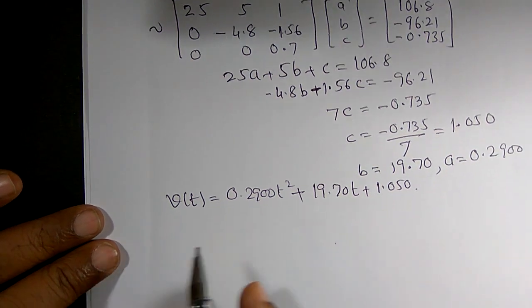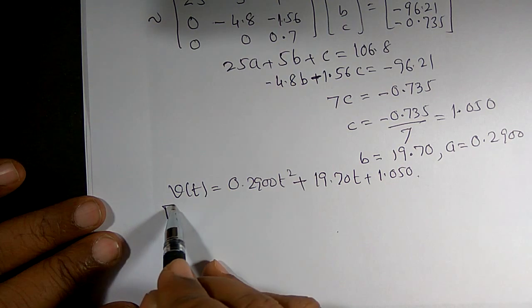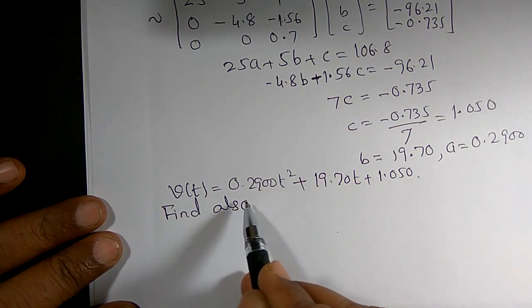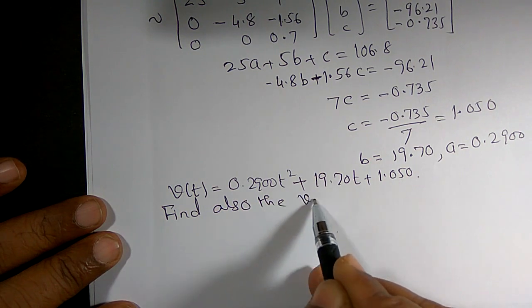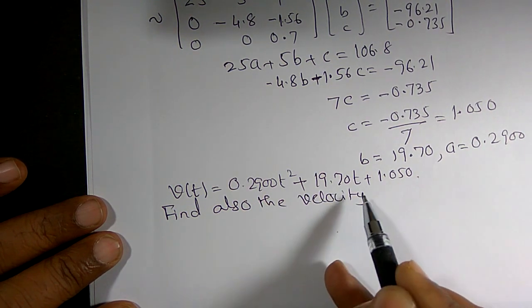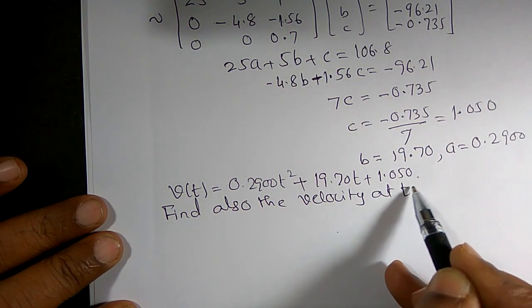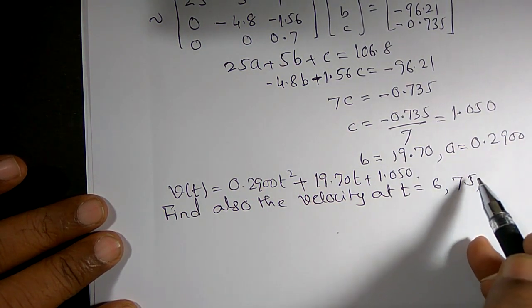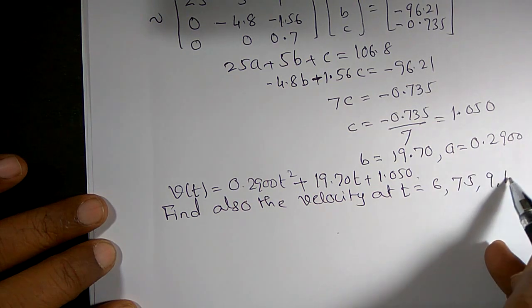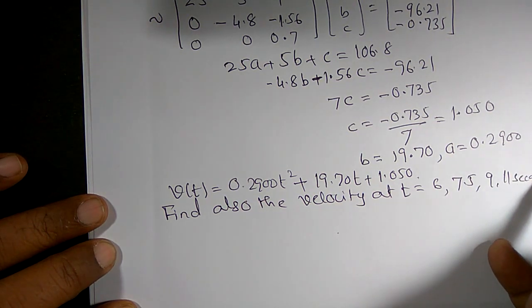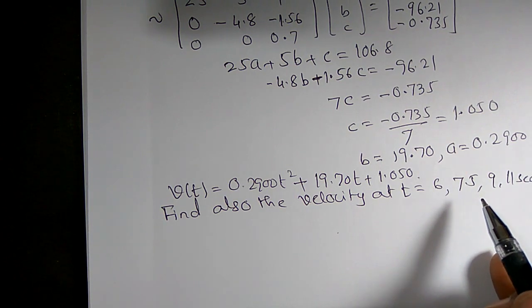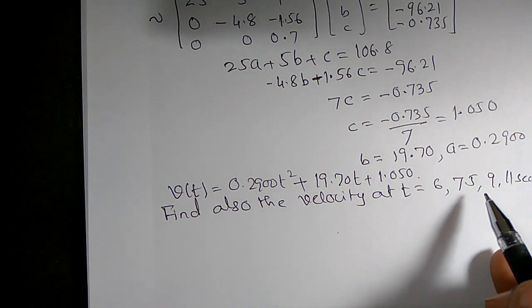Sometimes along with these things, we may be asked to also find the velocity at times t equal to 6, 7.5, 9 and 11 seconds. How do we find these values? You know the polynomial, right?